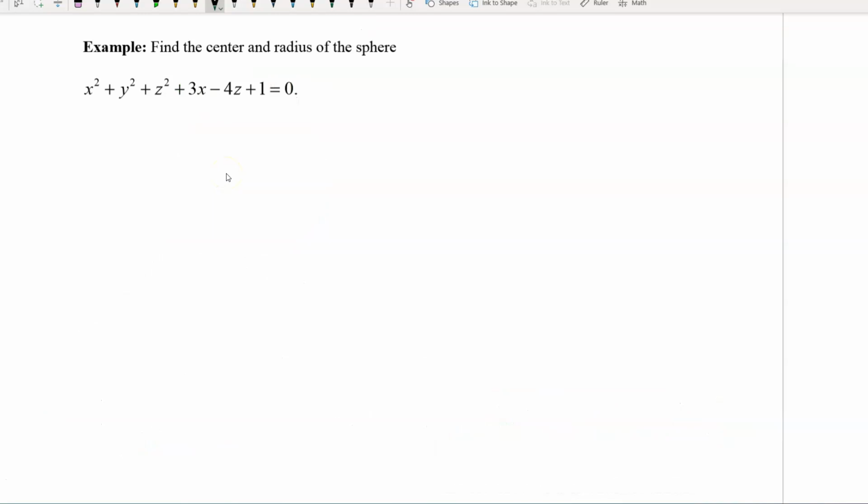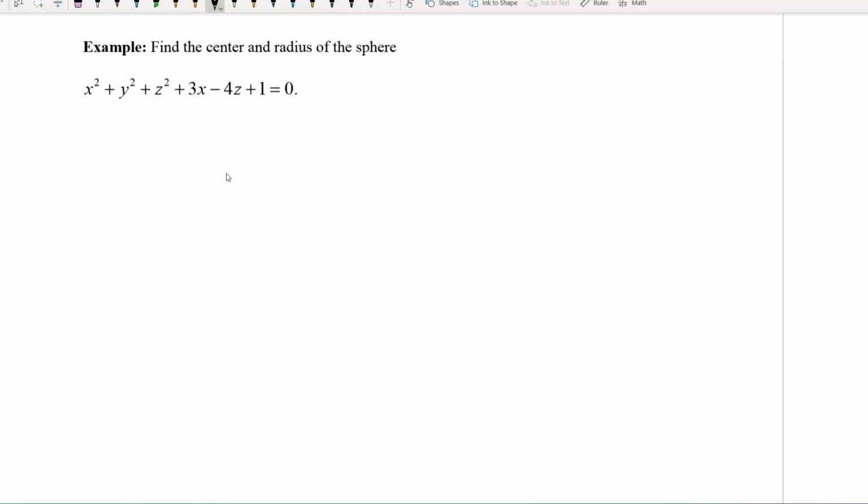Example, find center and radius of the sphere. Here we have x squared plus y squared plus z squared plus 3x minus 4z plus 1 equal to 0. So on this part, complete the squares on the x, y, and z terms, and write each quadratic as a squared linear expression.